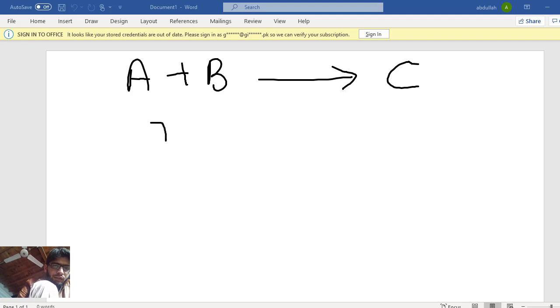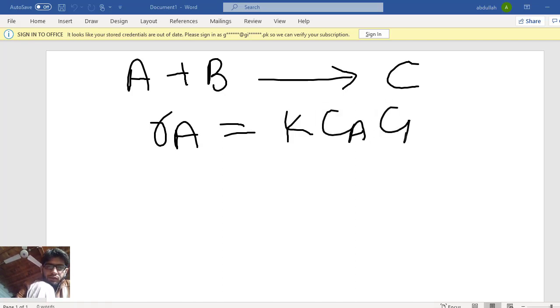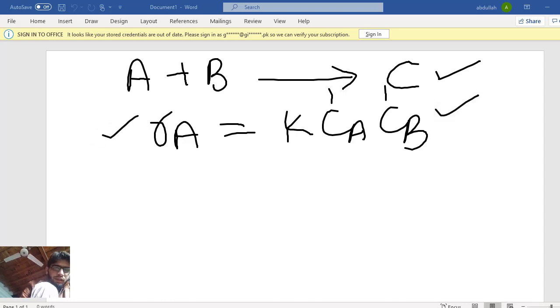The rate law for this reaction can be written as the rate of consumption of A is equal to K into concentration of A into concentration of B to the power of 1. This rate law is written in the stoichiometric form.